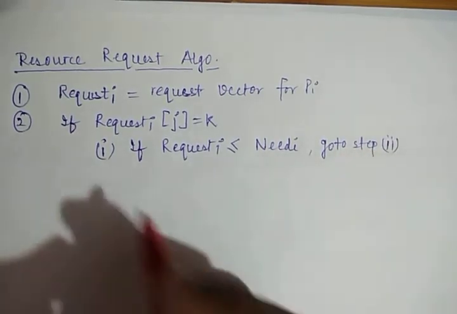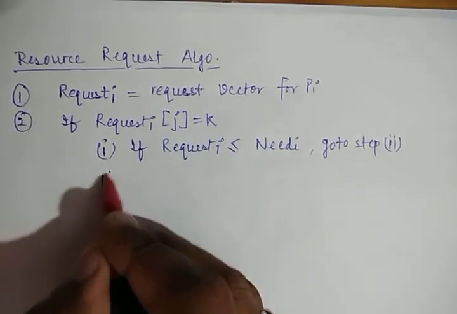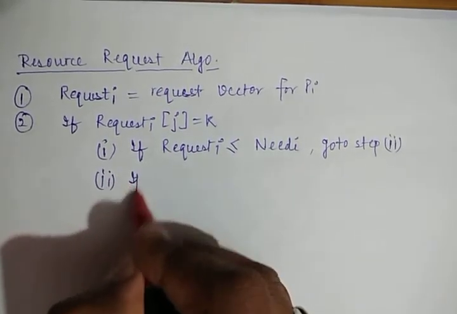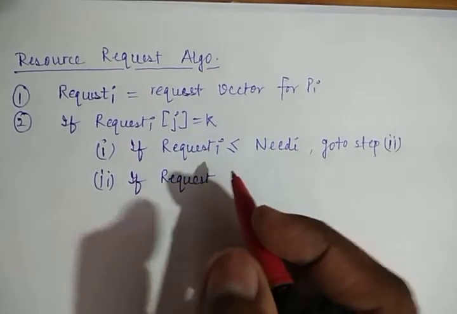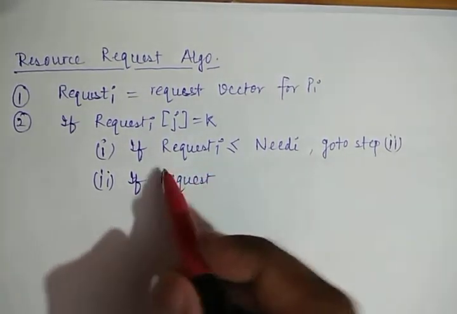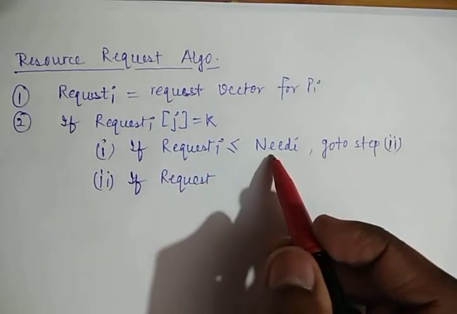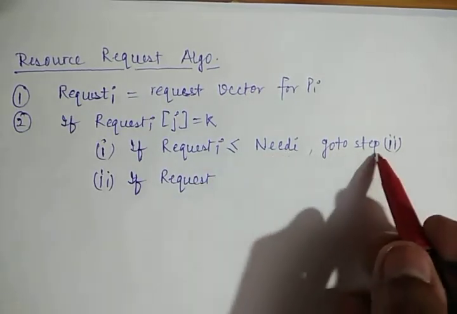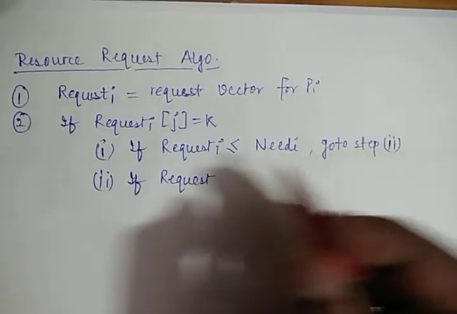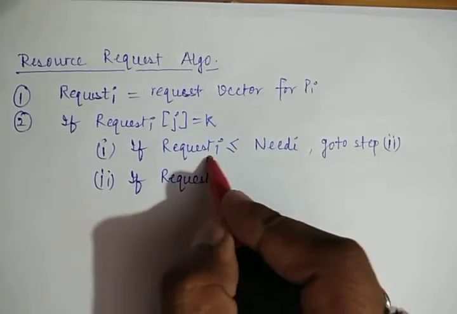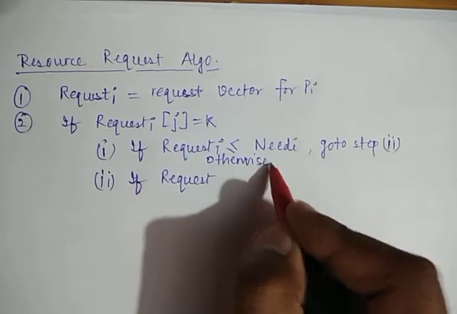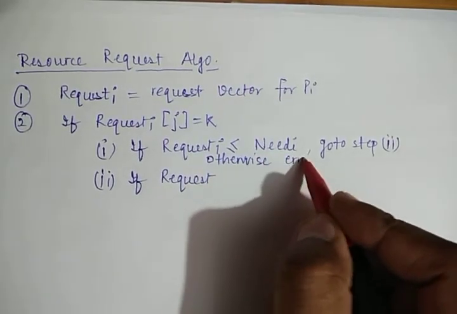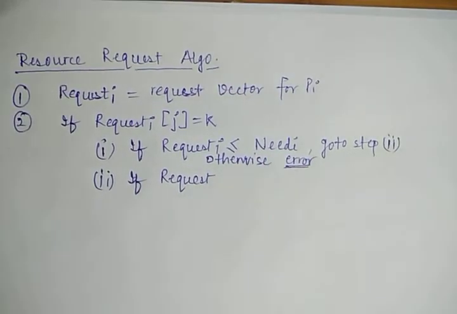Then in the second step we check if Request i is less than or equal to Need i, then go to step 3. Otherwise, if this condition is not true, print or report an error.